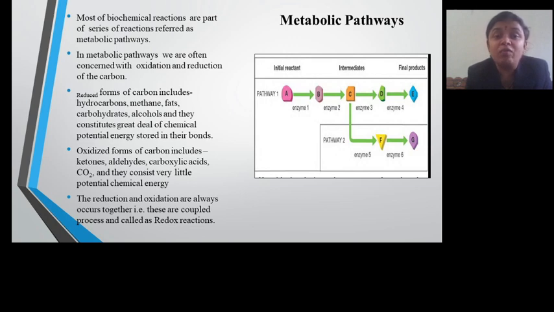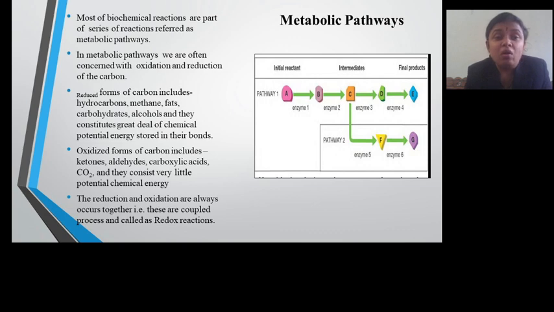The reduced forms of carbon which are produced out of anabolic processes include hydrocarbon, methane, fats, carbohydrates, and alcohol, and they constitute a great deal of chemical potential energy stored in the form of their bonds.